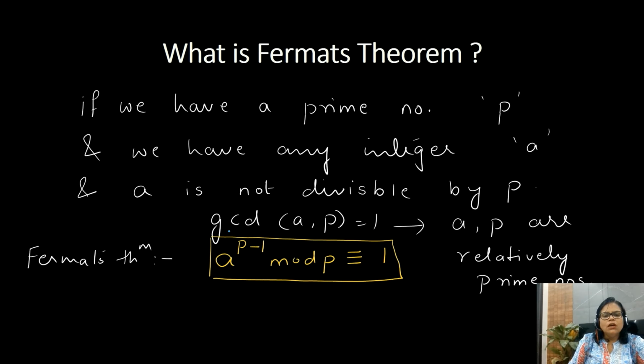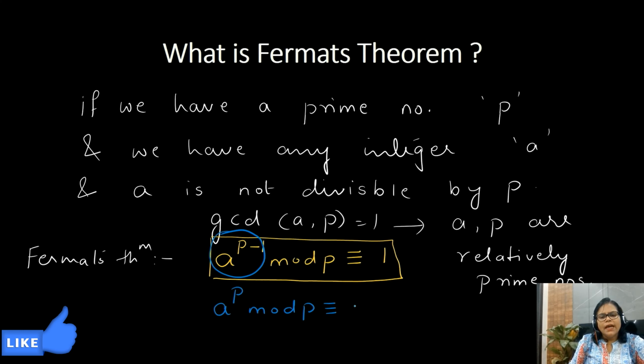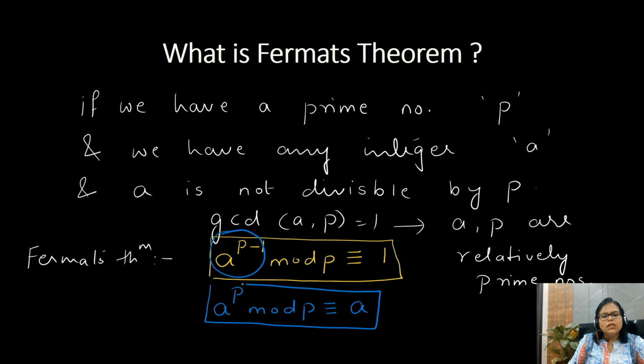Now if you see here, A raised to the power of P minus 1 can also be written as A raised to the power of P, and A raised to the power of minus 1 is shifted to the right hand side and it becomes A. So you can also write the theorem in this format, that is A raised to the power of P mod P. The answer of this computation turns out to be A, and when you write it in this particular format, it is known as the alternate form of Fermat's theorem.